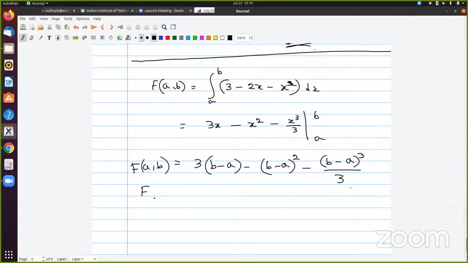Now here are two variables, a and b. So first with respect to a, what it should be?